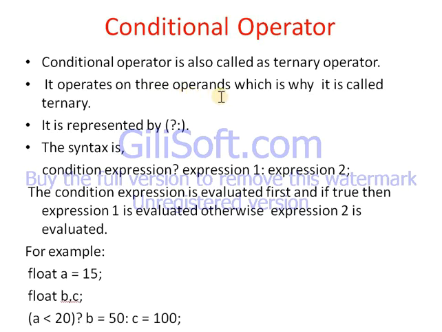The conditional operator requires 3 operands, so it is called ternary. Ternary means 3. So it requires 3 operands for performing the operation, and it is represented by a question mark and a colon.